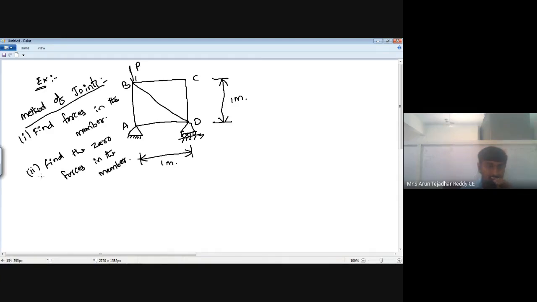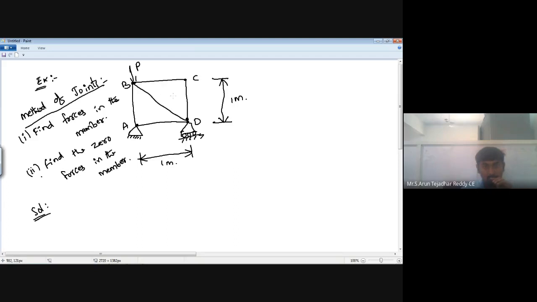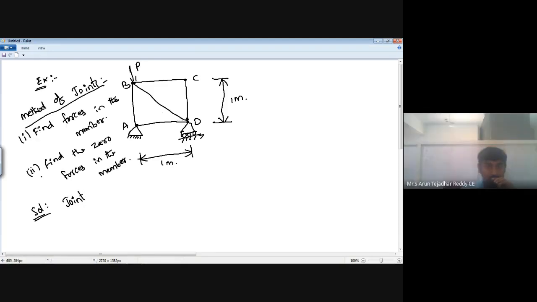In this question, first of all, write down the solution. First find how many joints are available here. A is a joint, B is a joint, C. Where is five? Totally 4 only: A, B, C, D. And what about BD, sir? BD is a member, not a joint.